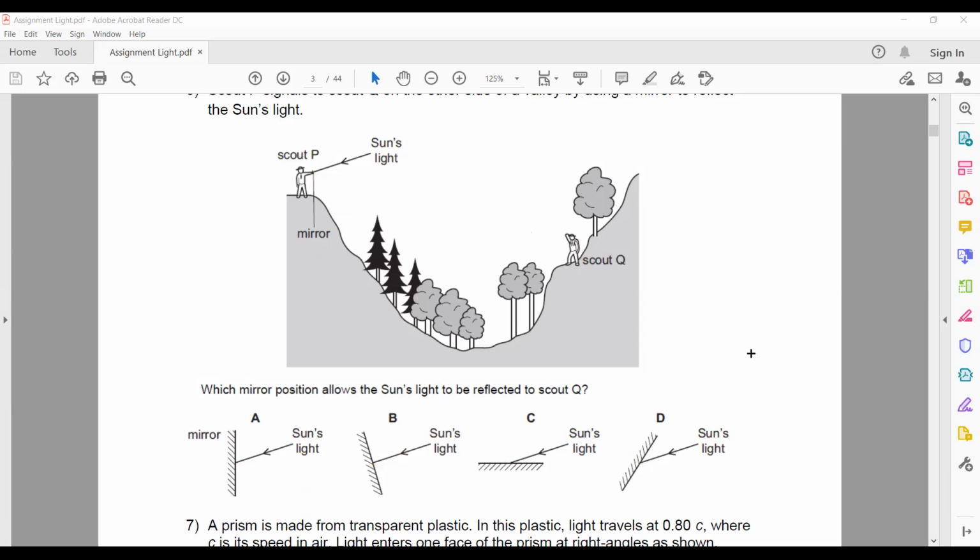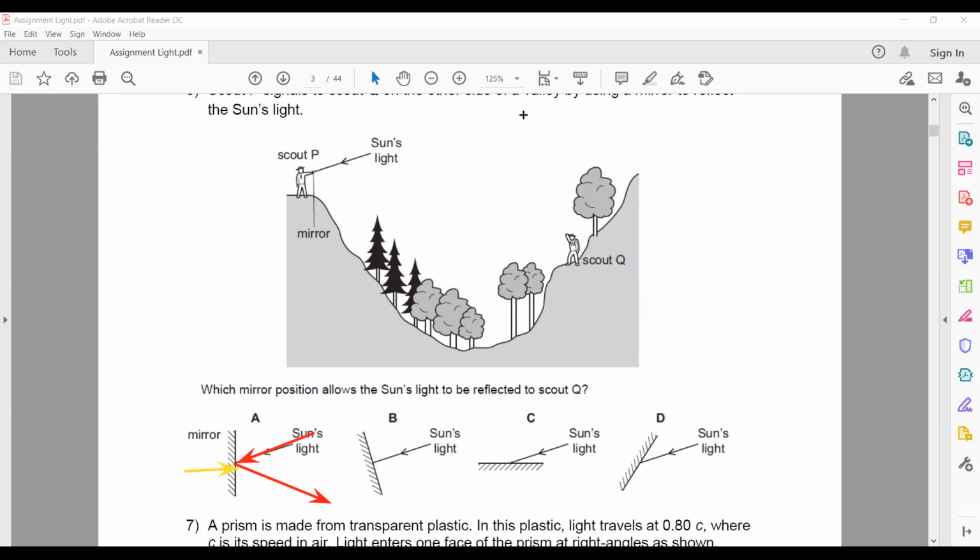The question is how the mirror should be placed so that the light will reach scout Q. You have to make sure of the reflection: when the light strikes, it will bounce back. And how will it bounce back? Because the angle of incidence should be equal to the angle of reflection.